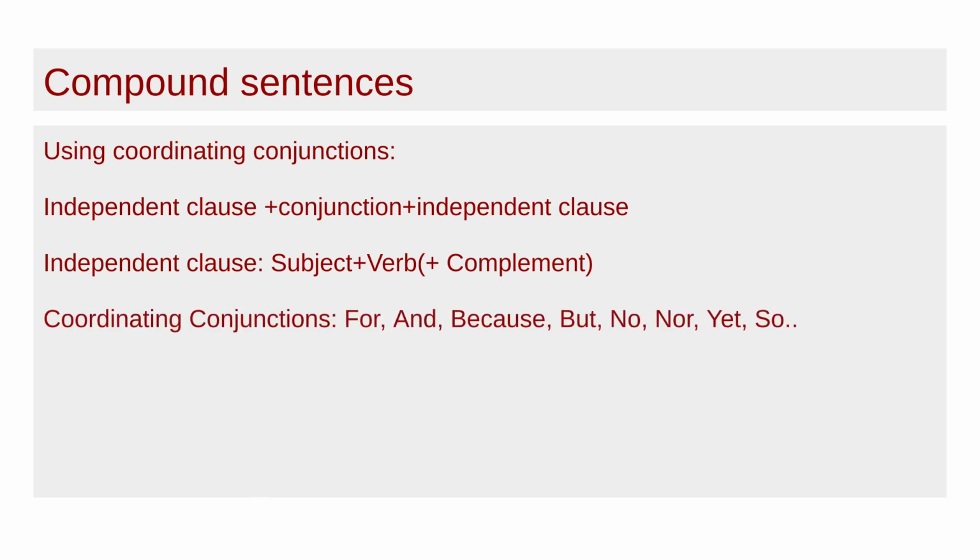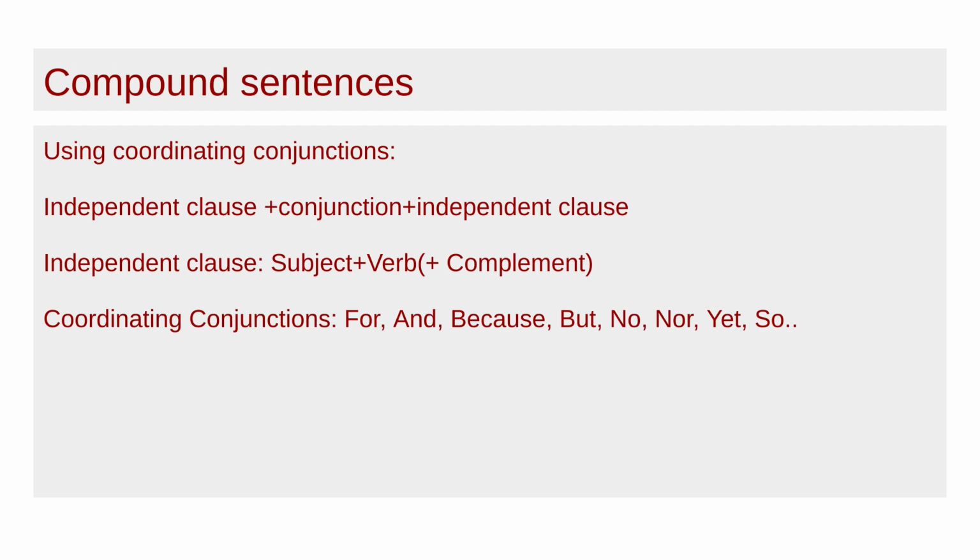And let's see what the coordinating conjunctions are. Coordinating conjunctions can be for, and, nor, but, or, yet, so. So these are the coordinating conjunctions.